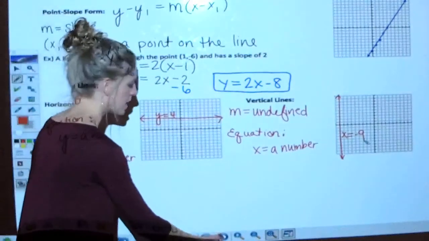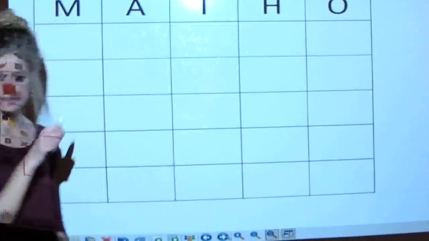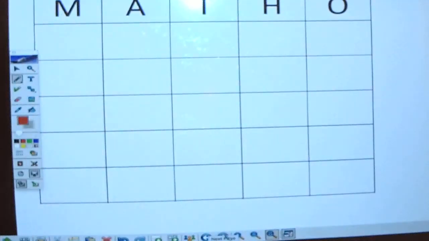Okay, all right, I'm going to give you instructions on this. So flip it over. And also, I would like you guys to grab a whiteboard because you don't have enough space on here to do your work.